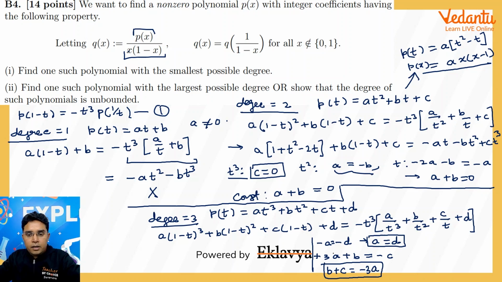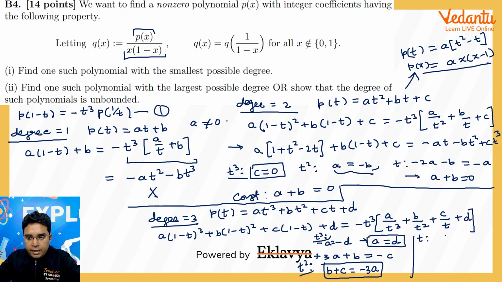Here we compared t square. Now let us compare the term of t. So let me write here also, because otherwise it will become a little confusing. This we got from comparing t cube, and then we compare t square, and we got this. And let us now compare the t term.